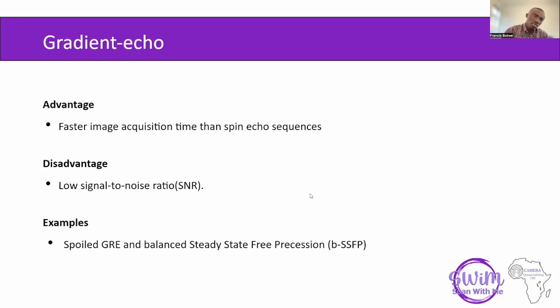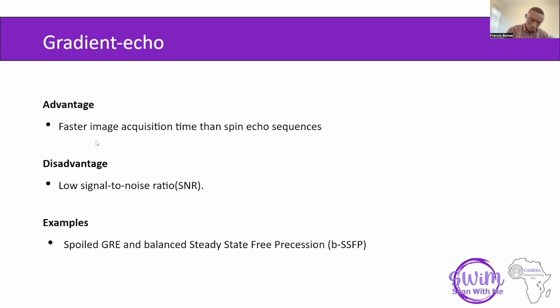So let's look at the other family of pulse sequences, which is gradient echo. Why do we normally use gradient echoes? It has a faster image acquisition time than spin echo sequences. So this is the main reason why we normally use gradient echo sequences in our functional MRI, where we want to acquire the images within a very short time.